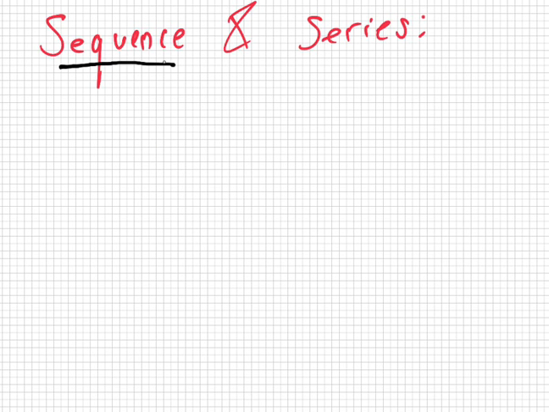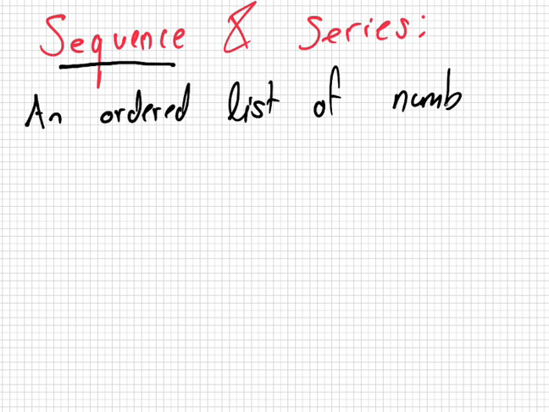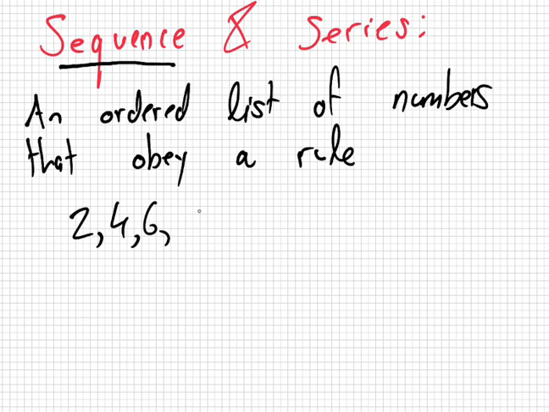In other words, there's some rule that tells you what the next one is. So a sequence is an ordered list of numbers that obey a rule. So, the example you gave me: 2, 4, 6, 8.